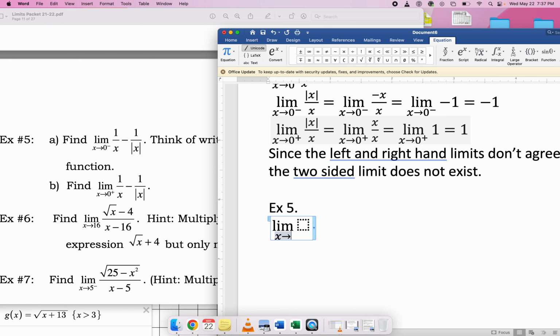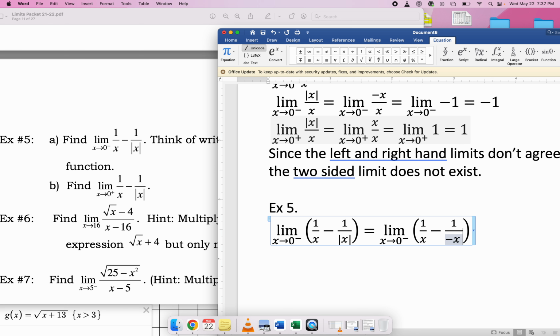So limit as x approaches 0 from the left of, I'll put this in parentheses, 1 over x minus 1 over absolute value of x. Well, since x is approaching 0 from the left, that means that the input to the absolute value function is a negative number, which means that the absolute value of x is going to be the opposite of x, right?